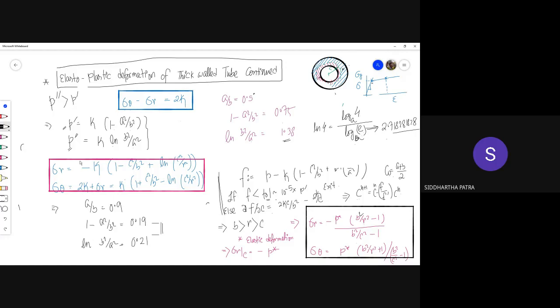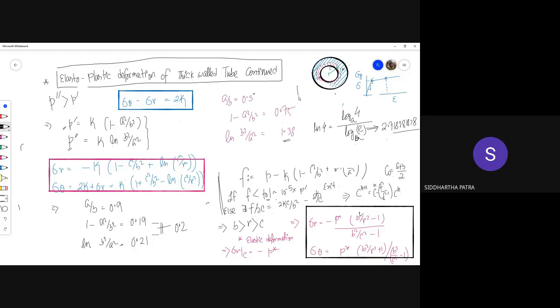And that window is only 5% of the average value, only 10% of the average value, which is 0.2. Whereas in this case, it's pretty wide. If you have a thick cylinder going from plastic deformation starting at the inner radius to the entire cross section becoming plastic, that's quite the window of pressure.